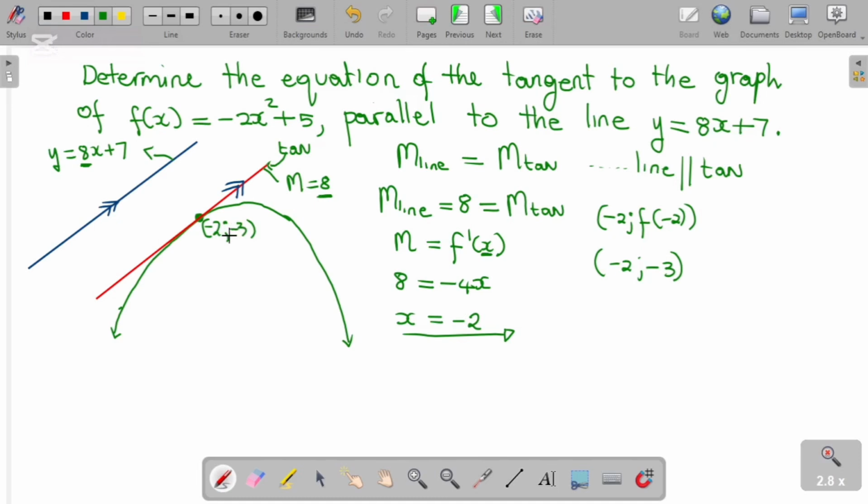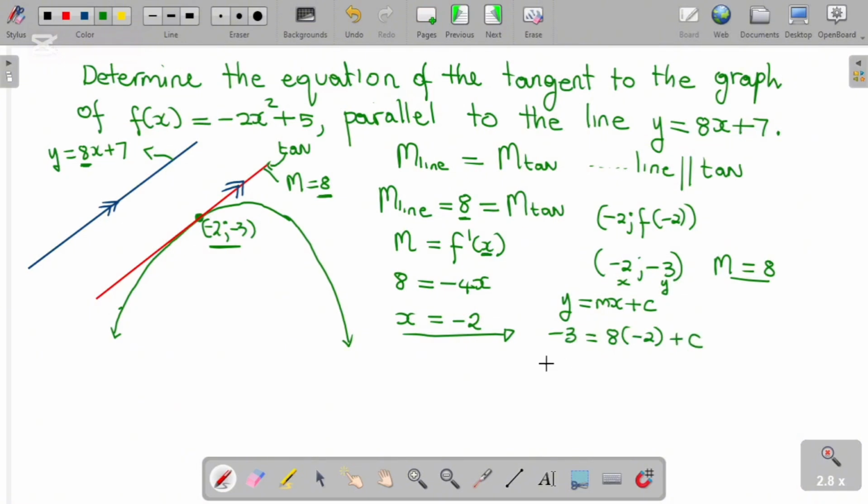Now we go to y equals mx plus c so that we are able to determine the equation of the tangent. We have the gradient of 8 and we have a point. So instead of y we put negative 3, instead of x negative 2, and instead of m we put 8. So negative 3 equals 8 times negative 2 plus c.